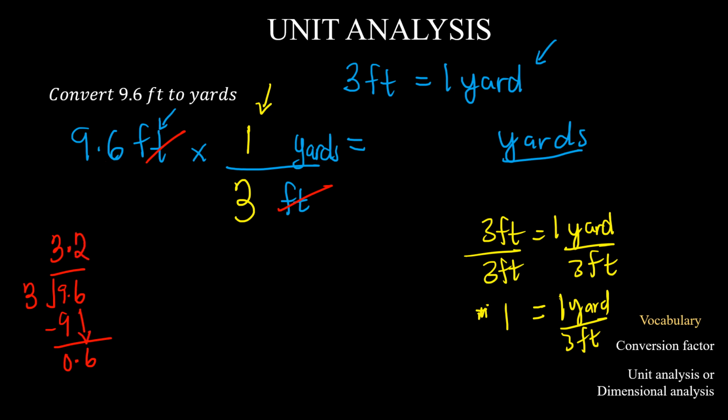So 3.2. So if I multiply that out, 3 is going to go into 9.6 3.2 times. So 3.2 times 1 over here is going to be 3.2 yards. And that's going to be my answer.